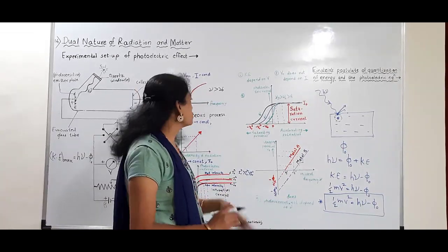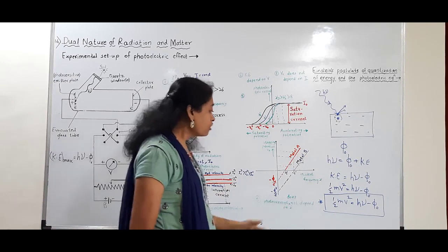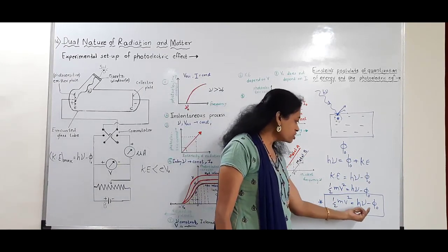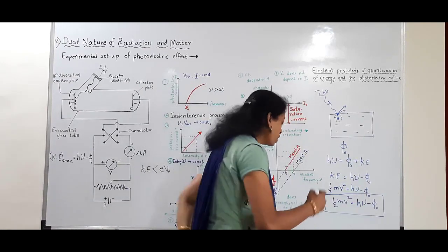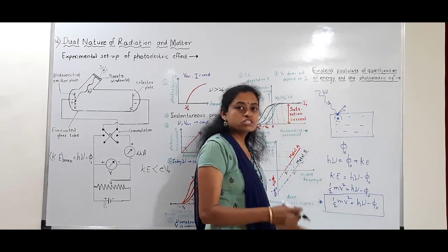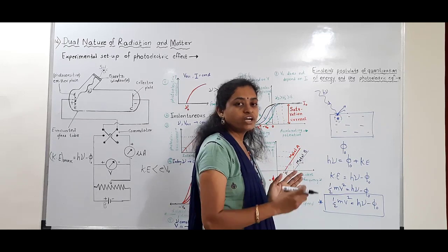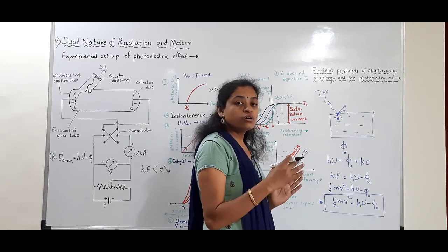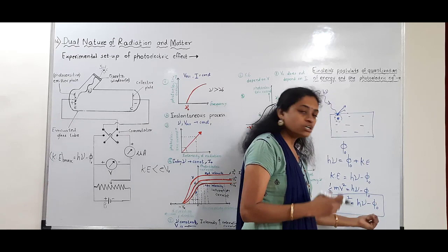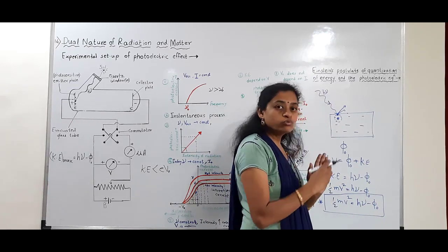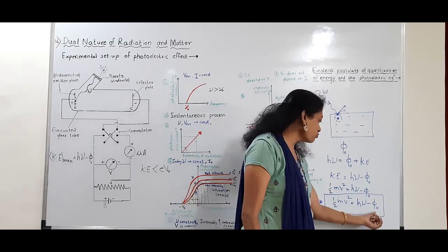Our next observation is about the kinetic energy. We know that kinetic energy is equal to h nu minus phi 0. What is h nu? H nu is the incident energy on the emitter, and out of that incident energy, some energy is required to move the electron from the metal surface, that is the work function.